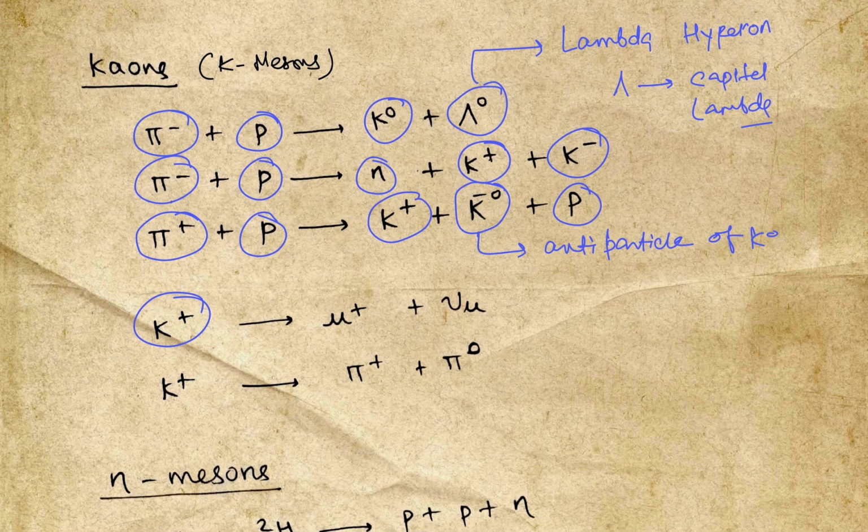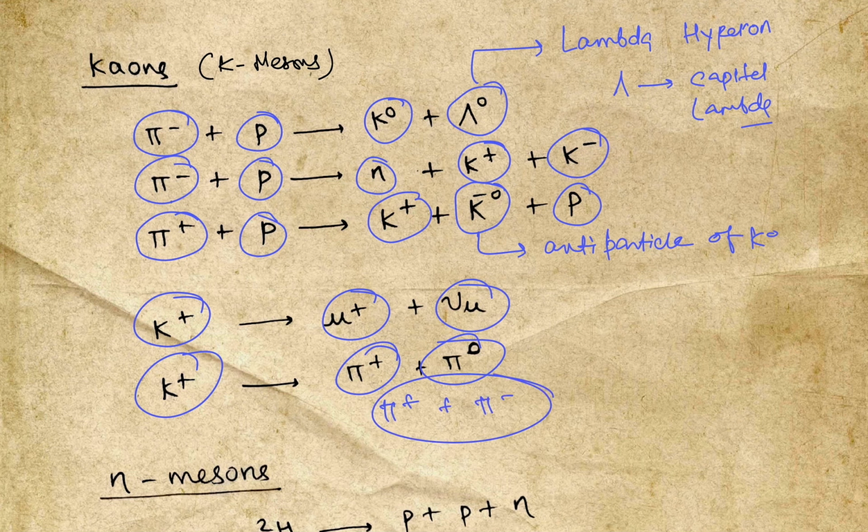So K plus is moving into mu plus and then muon neutrino, and K plus can also go into pi plus and pi 0. Why can't it get pi plus and pi minus? Because charge is not conserved. On the left hand side you have charge plus 1, on the right hand side you will have 0. That is why this can't happen, but this can happen.